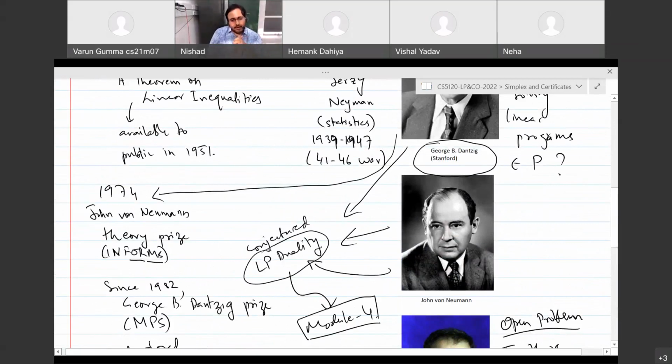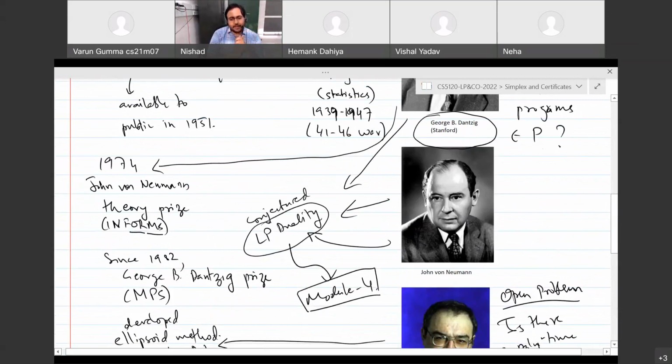It's a very theoretically appealing phenomenon, and it also has applications to combinatorial optimization, and so that forms the main theme of this course: how to apply linear programming, in particular duality, to solve combinatorial optimization problems. And that was essentially first observed by John von Neumann. All right, so that's all I have to say.